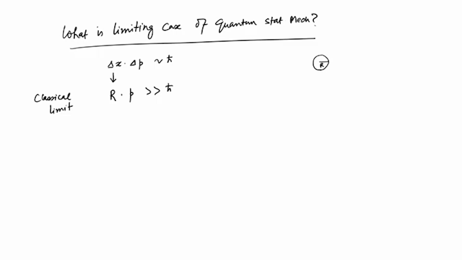So r times p should be much greater than h. So, r should be much greater than h over p or h cross over p, it does not matter. This h over p is of the order of lambda, where lambda is called the de Broglie wavelength.